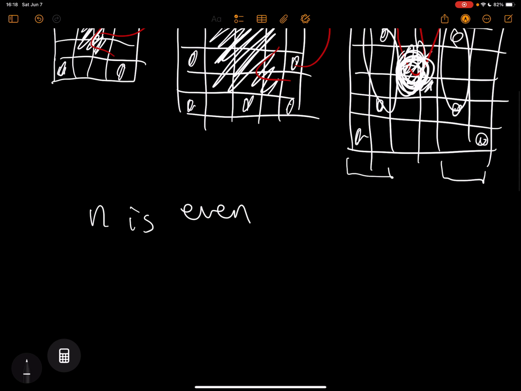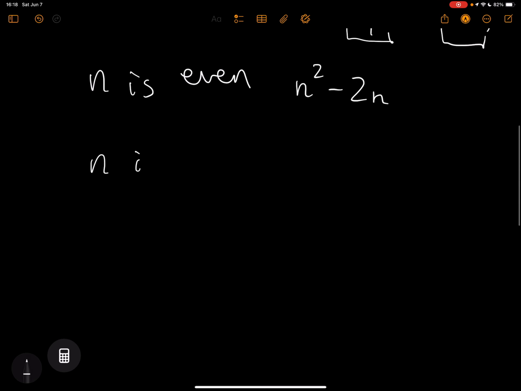However, we need to do n squared minus 2n, because we're finding the ones without lines of symmetry. Indeed. Okay. Next, n is odd.